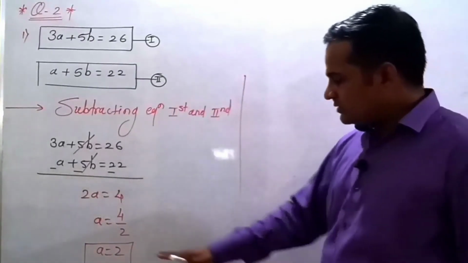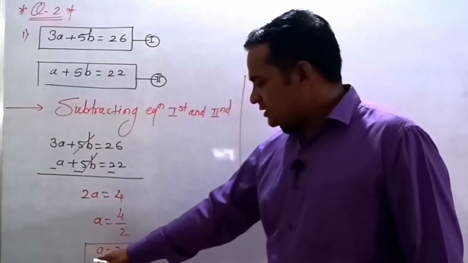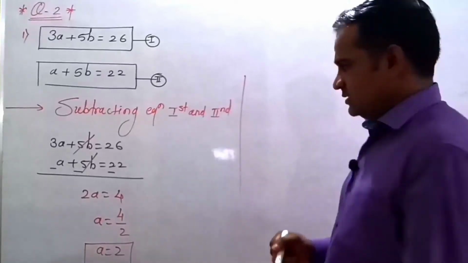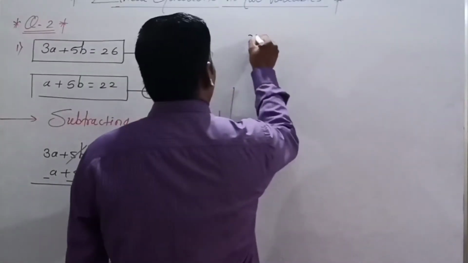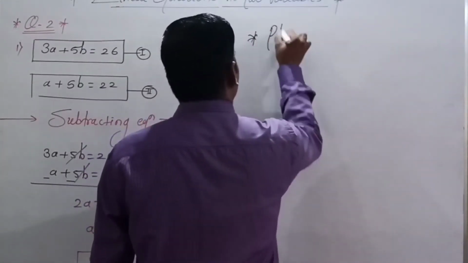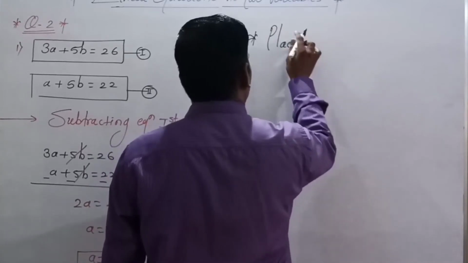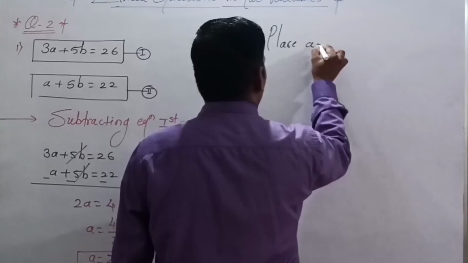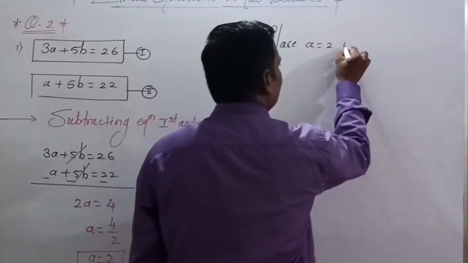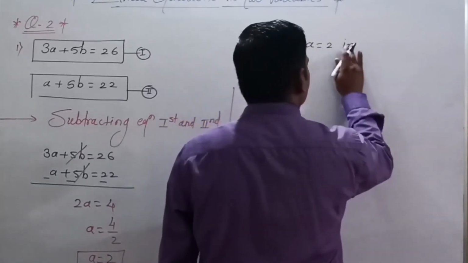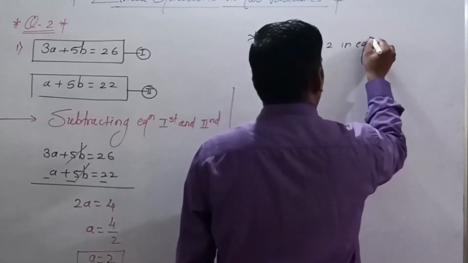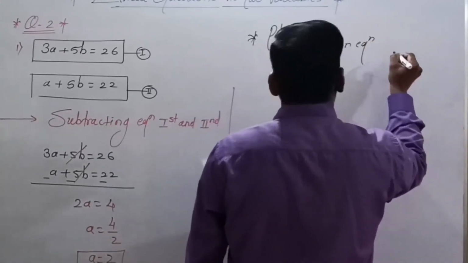So let's find out the value of the other variable, which is b. We have to place this value, a is equal to 2, in any one equation; that is your choice. So with the star here, again we will write: place a is equal to 2 in equation second.